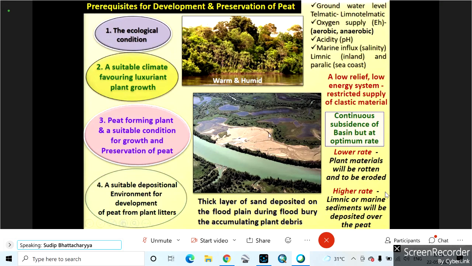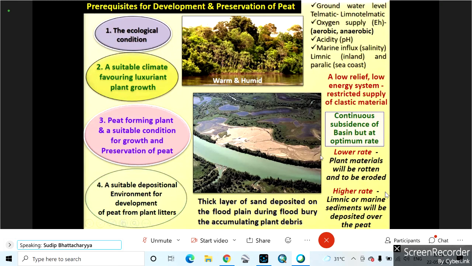We get coal seams, and with these coal seams, shales and sandstones are also there. Normally this is called the crevasse splay deposit.